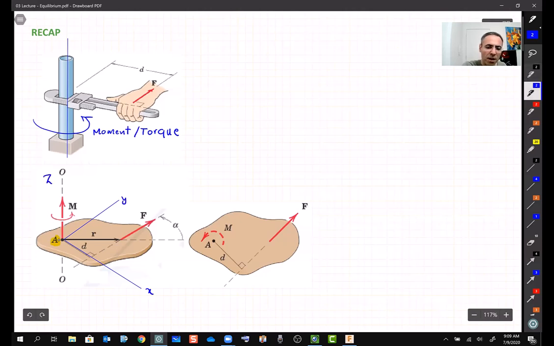Right, so we define moment M as R cross F. And we said that R is a vector that connects A to the point that we apply the load, like this point. Let's call it point B, all right? And F also, we know, is a vector.